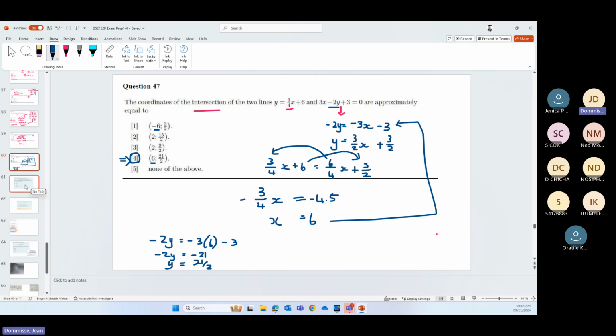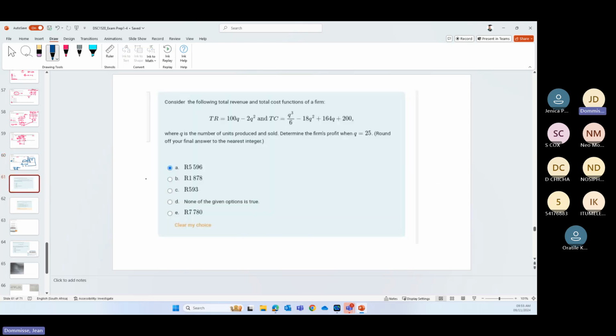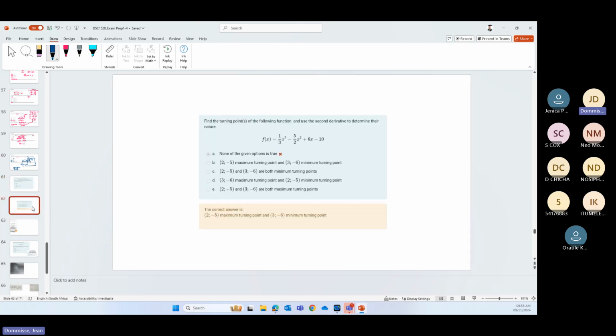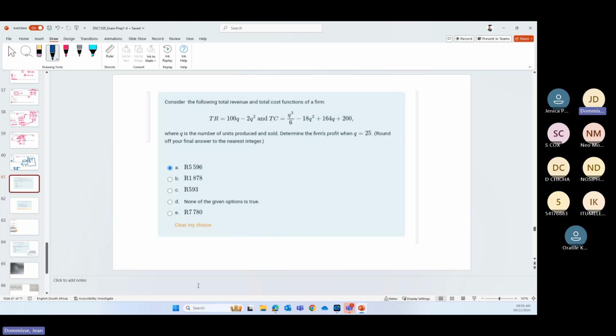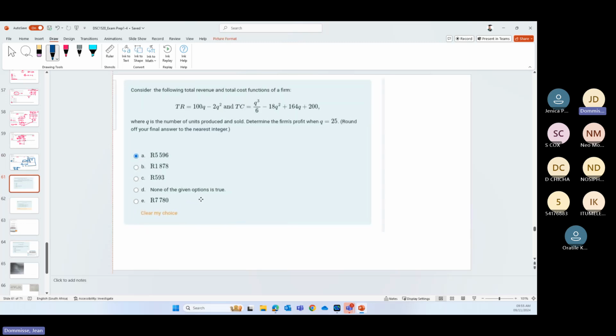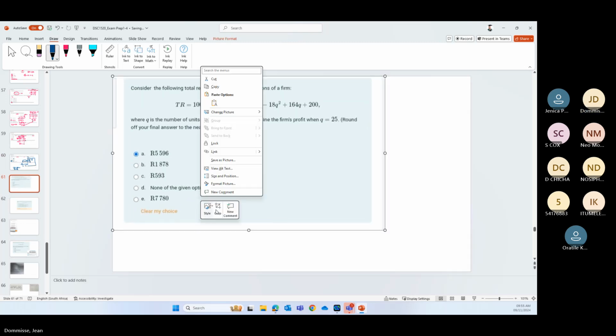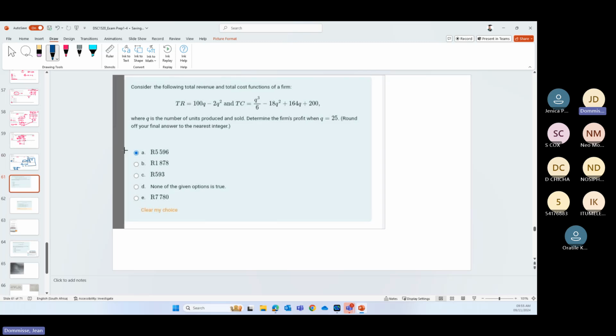Okay, so let's go into another question. This was from, I think, last semester, one of the assignment questions, or even the mock exam.